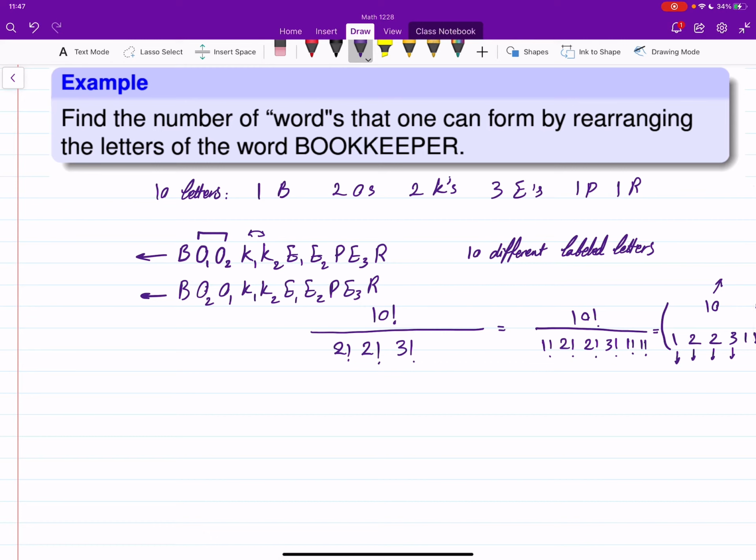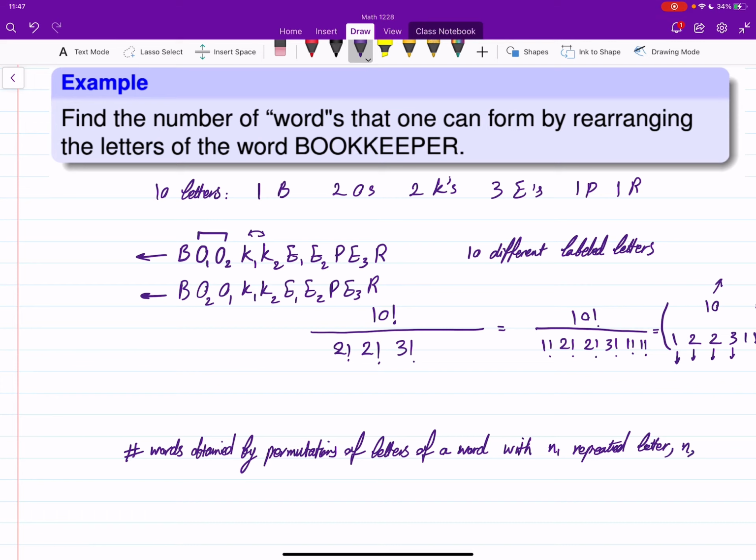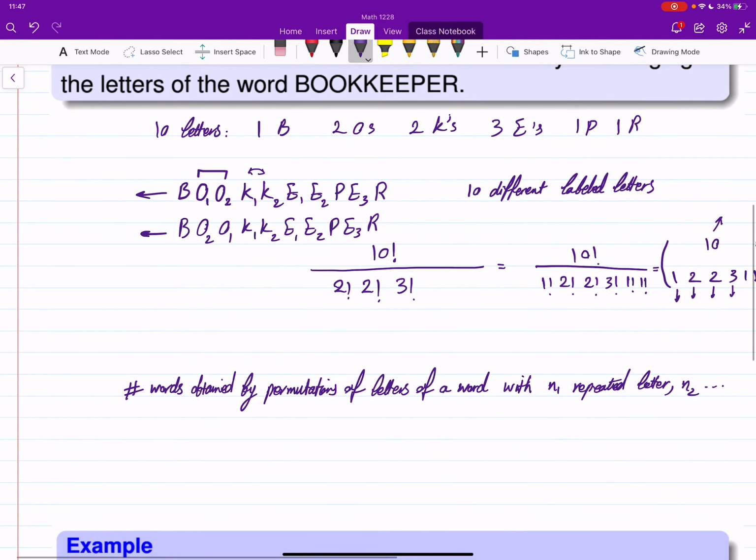So the number of words obtained by permutations of letters of a word with N letters in total, with N1 repeated letter 1, and then N2 repeated letter 2, and so on, is going to be equal to N, the total number of letters, factorial, divided by the factorial of the repetition of the first one, the repetition of the second one, up to the repetition of the kth one.